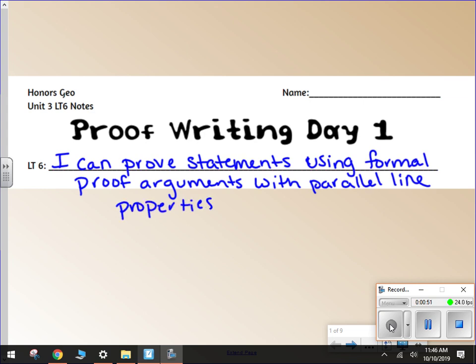This is our last learning target of the unit. Today we're just going to get some more information, make sure we understand how to make conclusions with certain things like linear pair postulate, vertical angles, so that on Tuesday we can start writing actual proofs.